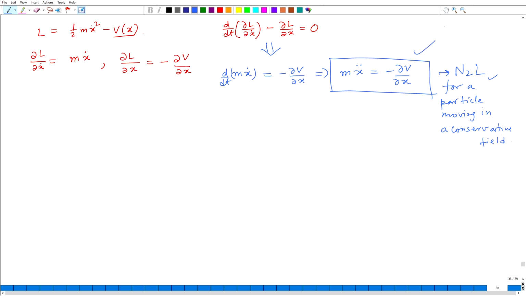So, this is the power of this formulation, that finally you are actually finding this equation of motion.